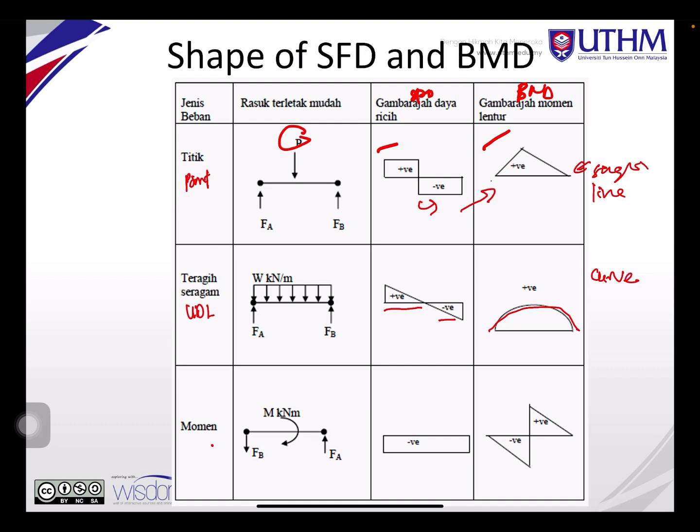For the moment you will add in one direction only, and then it will cause a triangular shape also. You will understand this more when you do the example yourself, but you need to remember the shapes when you do the calculations, because when you do the calculation you will get the values, so you can plot.